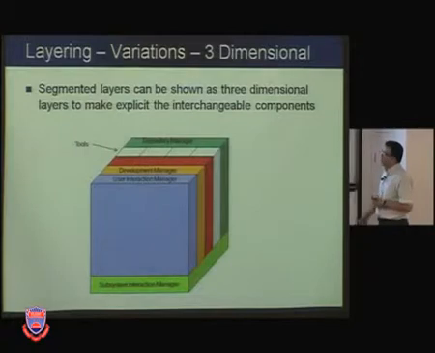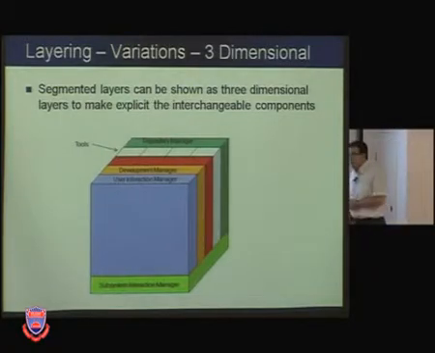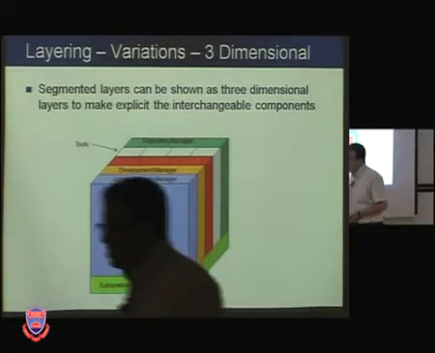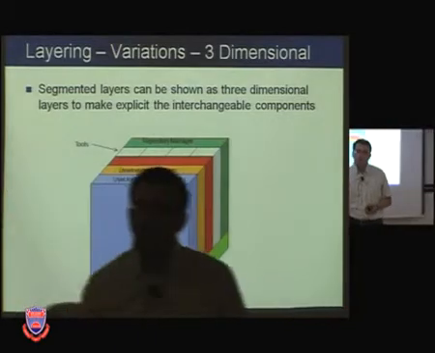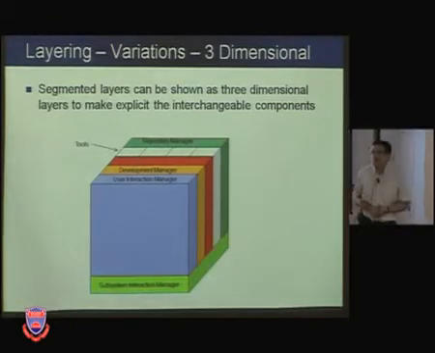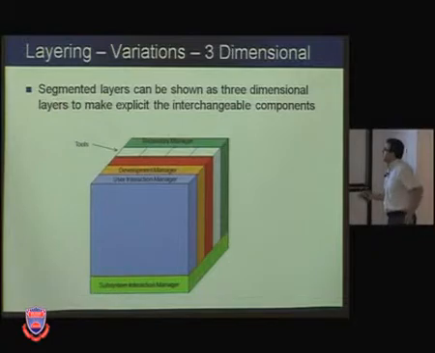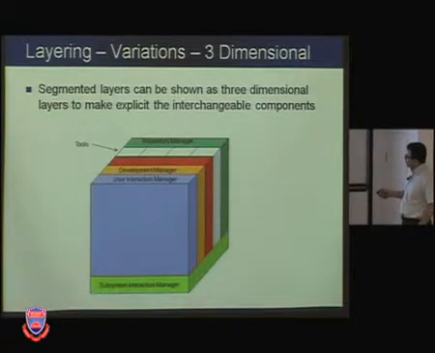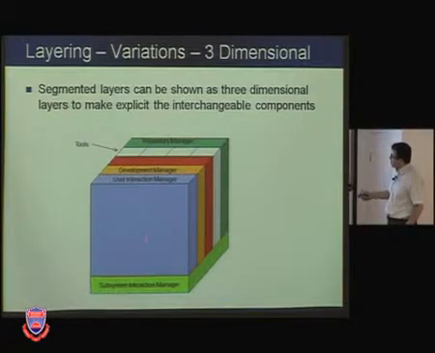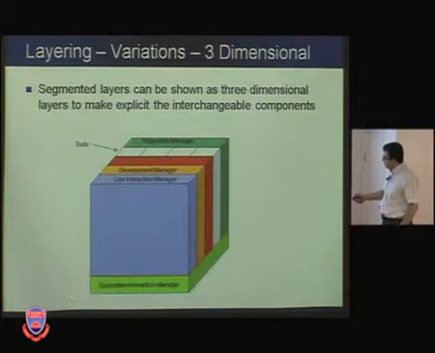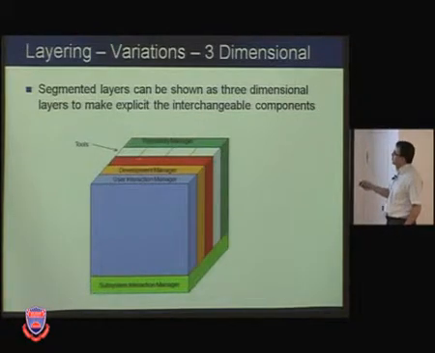You could have a 3-dimensional variation where you put colors to make it more explicit. This is a three-dimensional case where we have these four layers. Subsystem interaction managed layer down below, and here we see a segmentation of the tools layer.